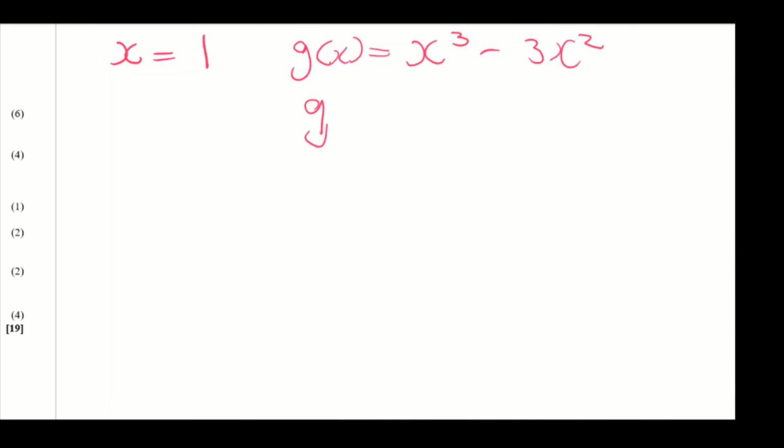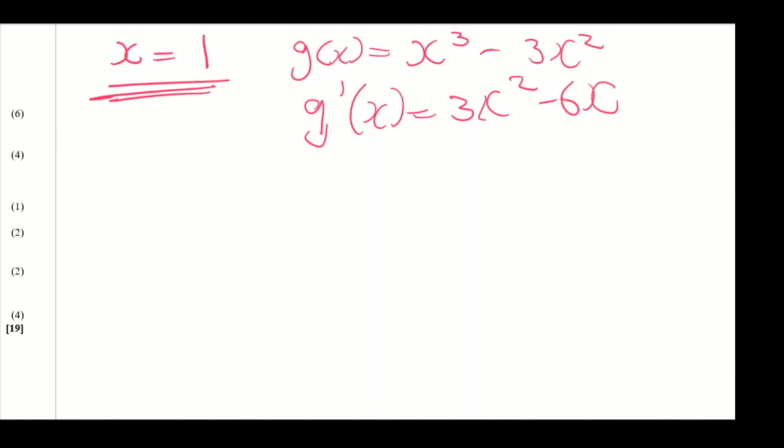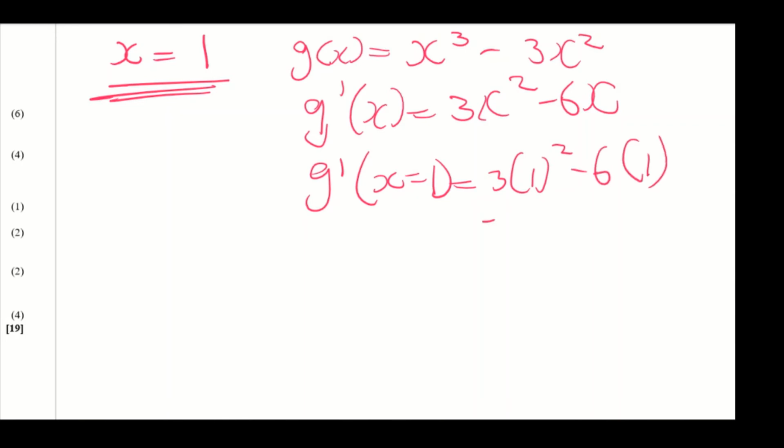We derive this and get 3x squared minus 6x. So we're going to use this point of inflection to identify the gradient of this tangent. g prime when x is equal to 1 is equal to 3 into 1 squared minus 6 into 1. So you're going to have 3 minus 6, which is minus 3 here. So the gradient of this tangent is minus 3.